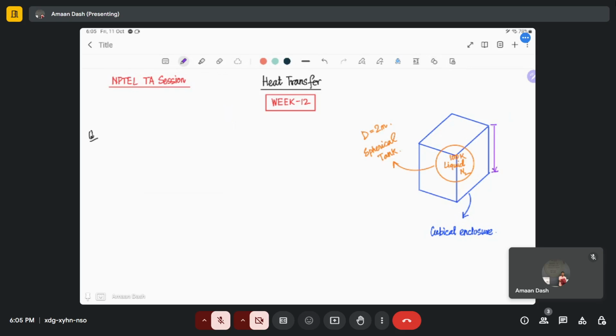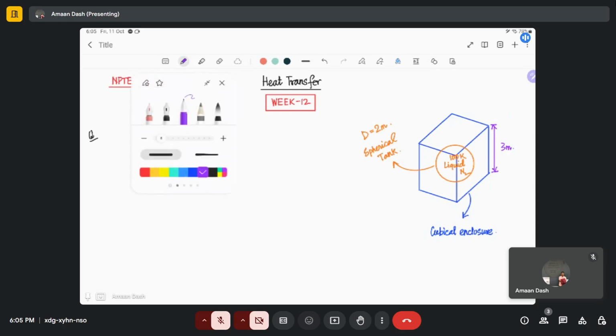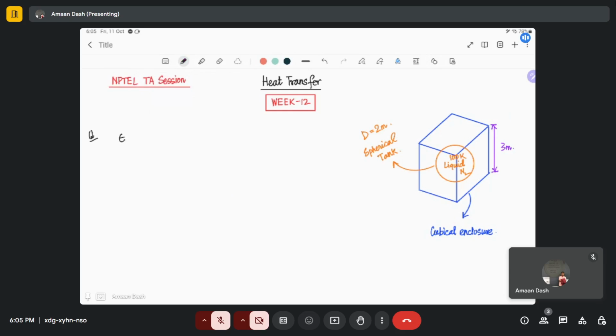So it is given that this is a cubical enclosure, and we have a spherical tank of diameter 2 meter.